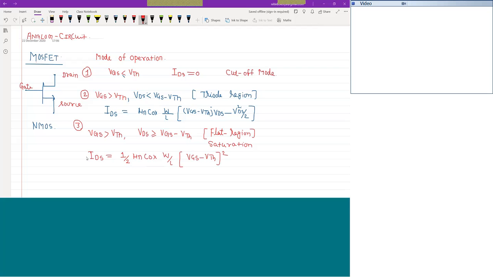So we are having three modes of operation for the MOSFET, you know, and what I can say, you will have this also, but let's make it gate, drain and source. So these are the three terminals.